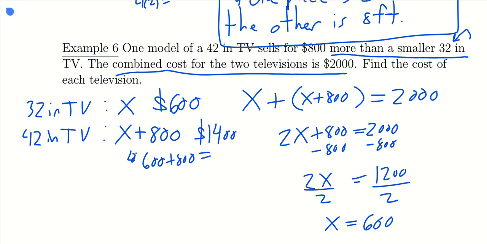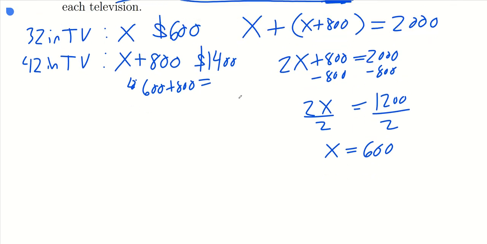We can check this very easily. Obviously, if we add the price of the two TVs together, the 600 plus 1,400 does give us a $2,000 total price. And notice how the 42-inch, which is $1,400, is exactly $800 more than the $600 32-inch TV. So we have our answer. Let's just state it in words.